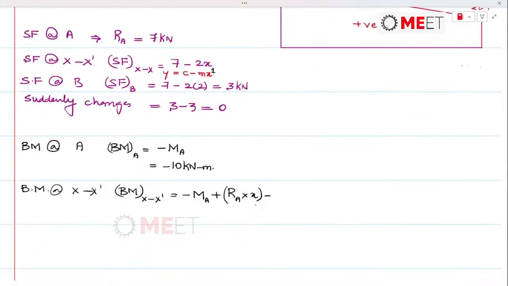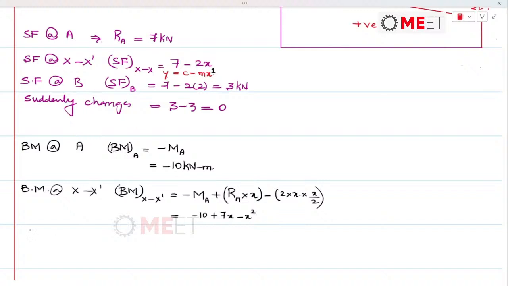That is, the height of the UDL is 2, distributed over x meters of length, with centroid at x by 2. So here minus MA is 10, minus 10 plus RA is 7, minus 10 plus 7x minus 2 and 2 will get cancelled. This will be x square.